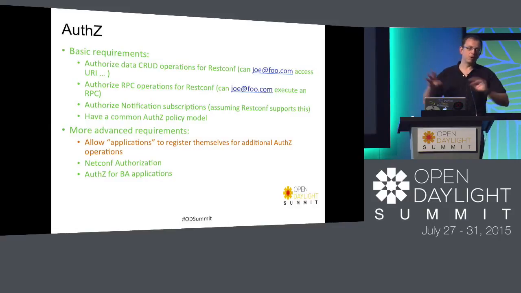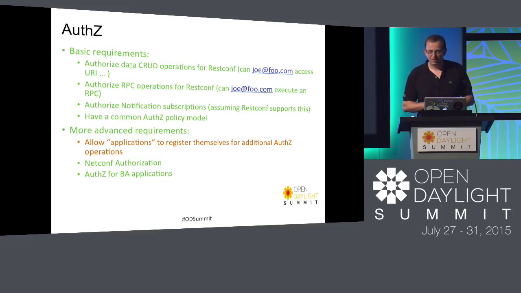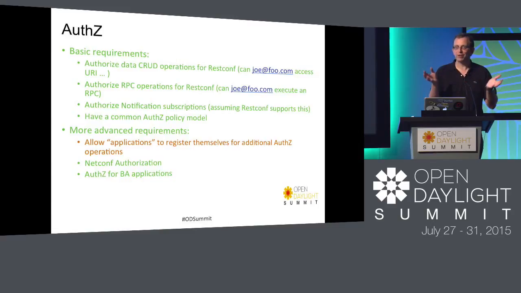Granted, there's always a way that those applications could circumvent and reach into the guts of MDSAL directly. Yes, but if you're running within the framework, there is a way to hack around if you don't follow the framework, and we recognize that.